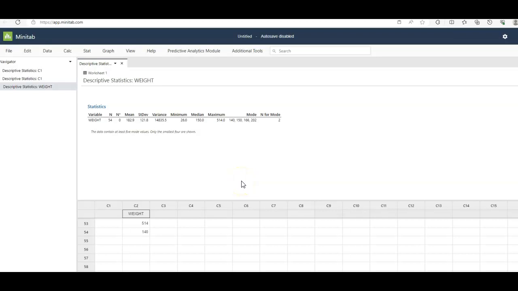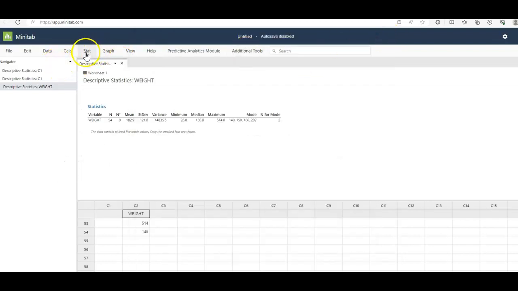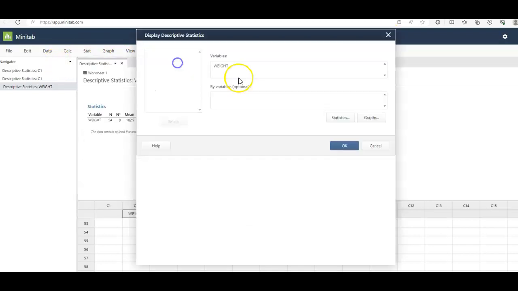So one thing I do want to caution you about is quartiles. Minitab uses an algorithm for the quartiles. So if you were to try to find quartiles here, I'll go back to stats, basic statistics, descriptive statistics.